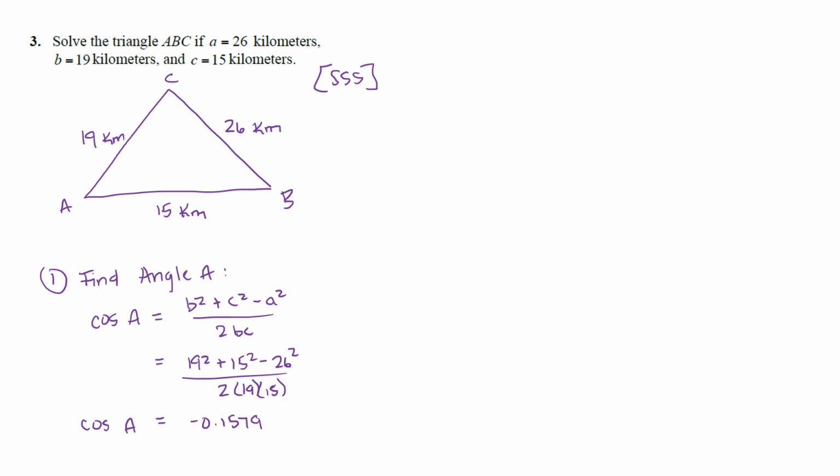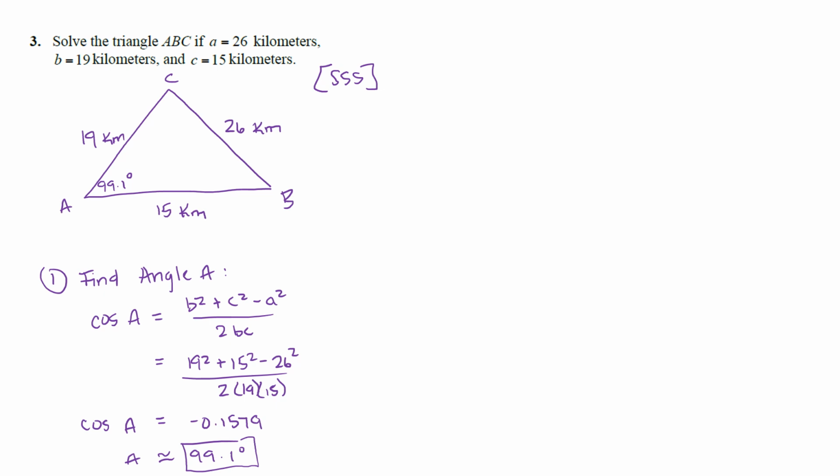This value is between negative 1 and 1, so we can then take the inverse cosine of this value, and we'll get A approximately equaling 99.1 degrees. So now we know A is 99.1 degrees.